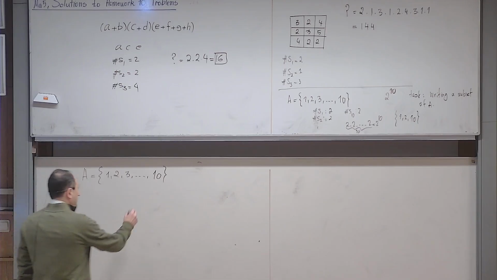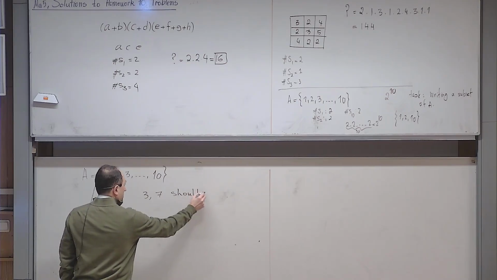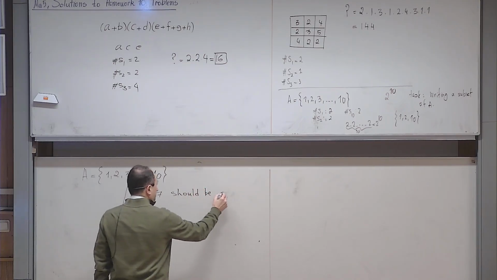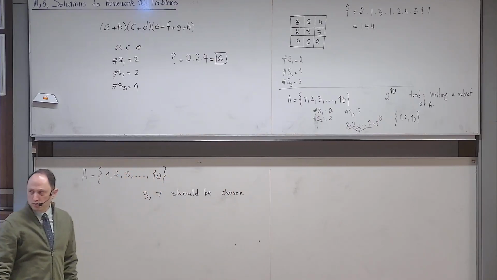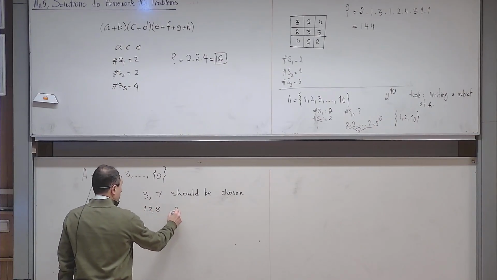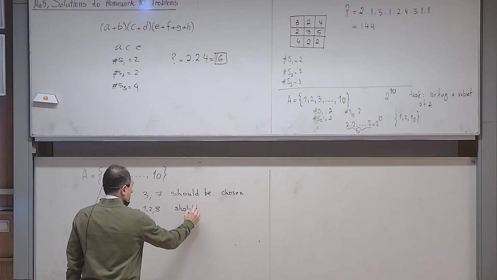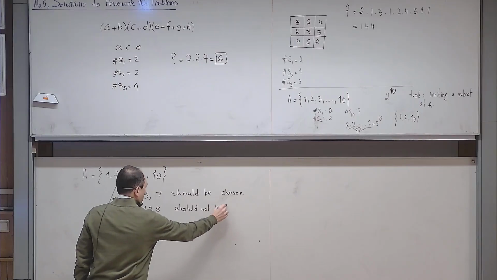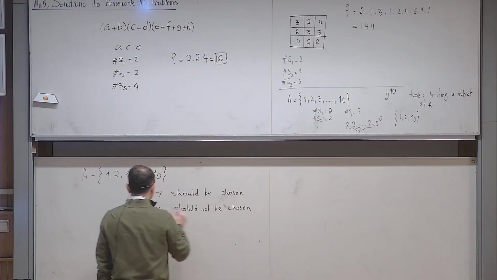So 3 and 7 should be there, should be chosen. And we have another constraint. What was that? 1, 2, and 8 should not be there, yes? Should not be chosen. This is the constraint.